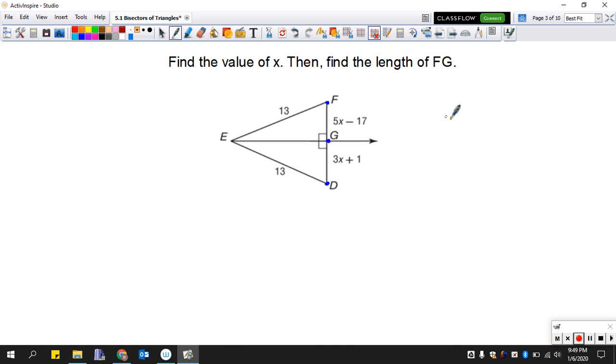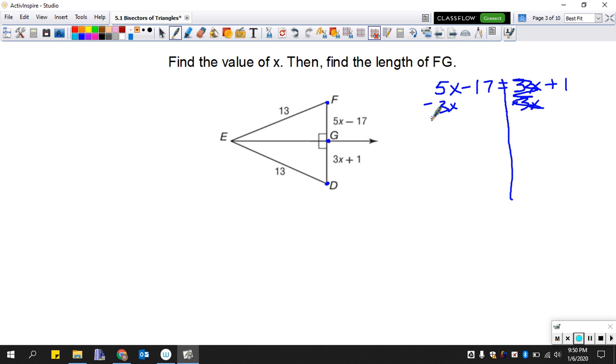Well, so to solve for x, we're just going to set those two expressions equal to each other. So we have 5x minus 17 is equal to 3x plus 1. All right? And we're going to solve for x. So minus 3x on both sides. This cancels out.